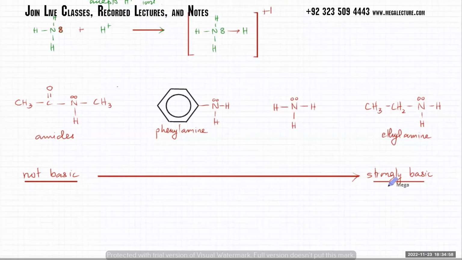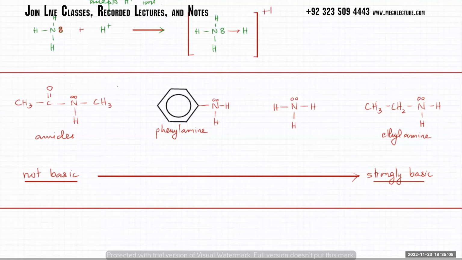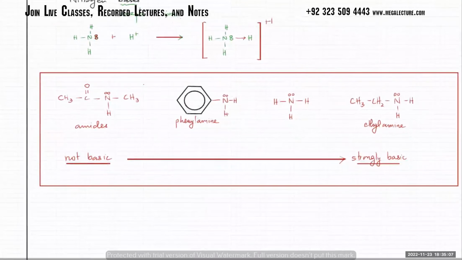So the first one is not basic. The next are actually more and more, or increasingly, basic. But all of them, remember, are actually weak bases. ये बस relative comparison है. मतलब the other things are a type of ammonia, you can say that.